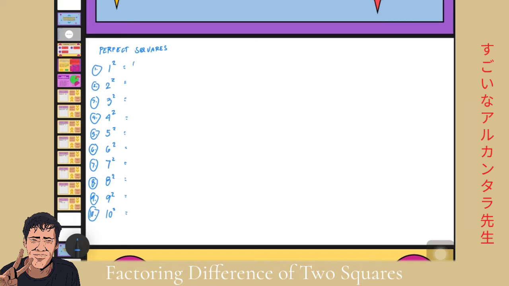So 1 squared, we know that this can be written as 1 times 1. 2 squared can be 2 times 2. 3 squared can be 3 times 3. 4 squared is 4 times 4, 5 times 5, 6 times 6, 7 times 7, 8 times 8, 9 times 9, and 10 times 10. Basically, perfect squares are numbers whose factors are the same.